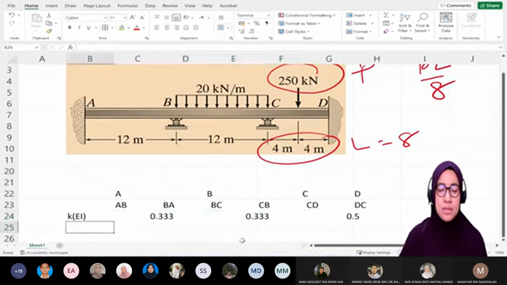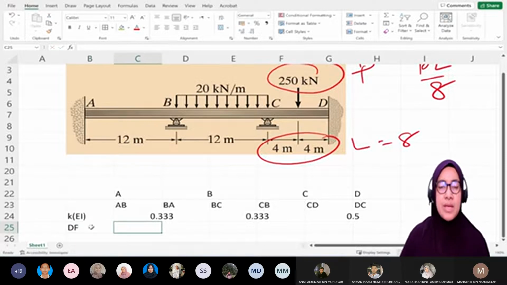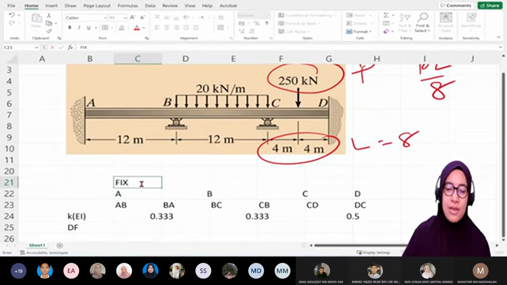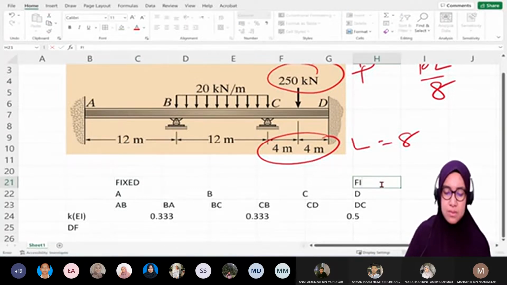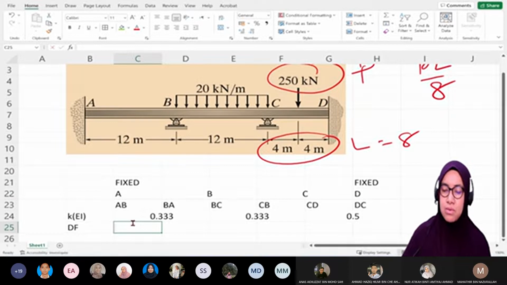So from K we will calculate distribution factor, DF. Remember at A it is fixed, and D is also fixed. So we have 2 fixed ends, so the DF is 0.